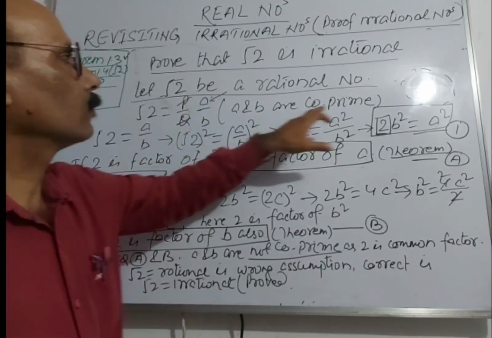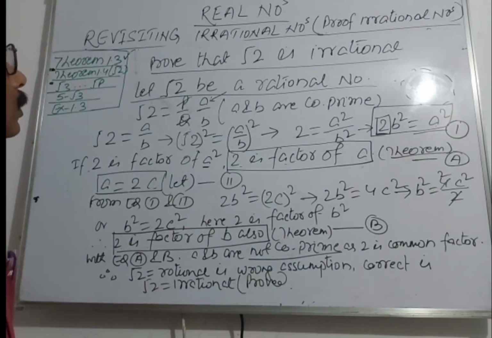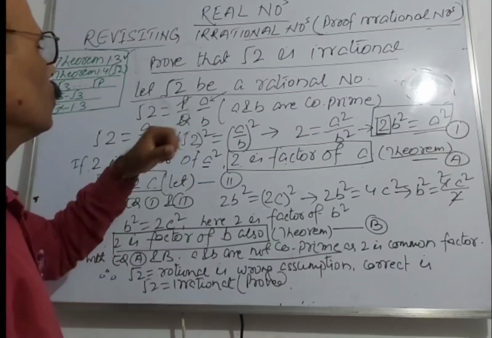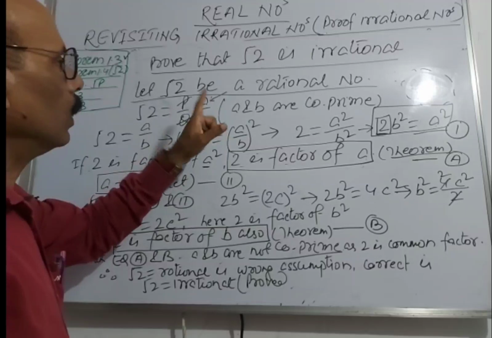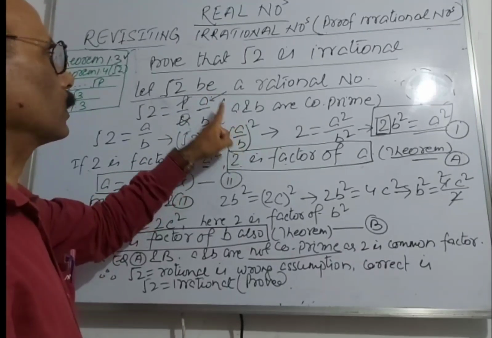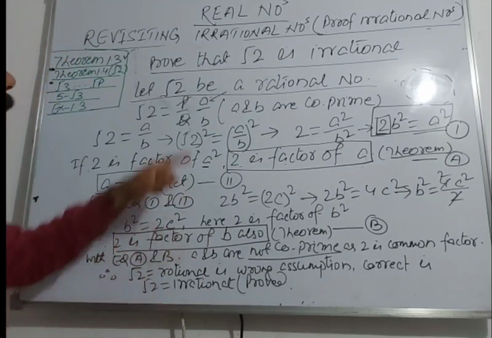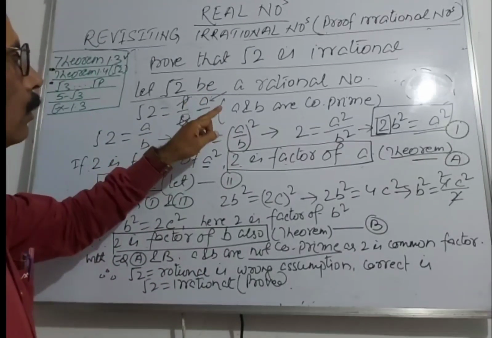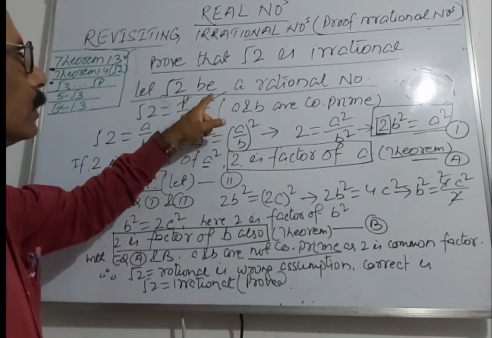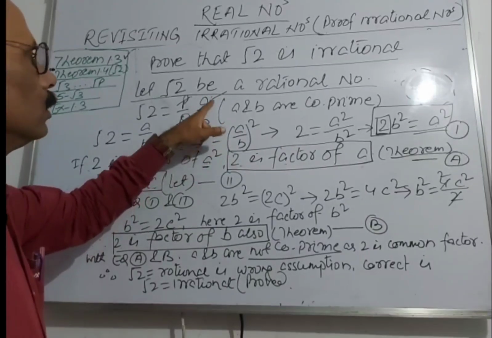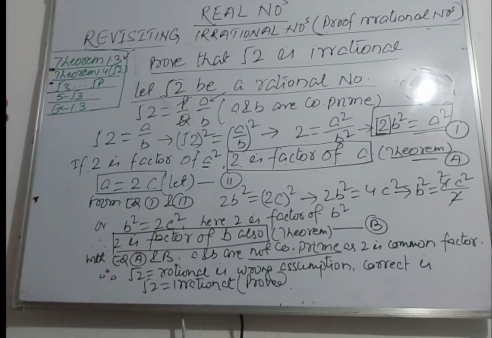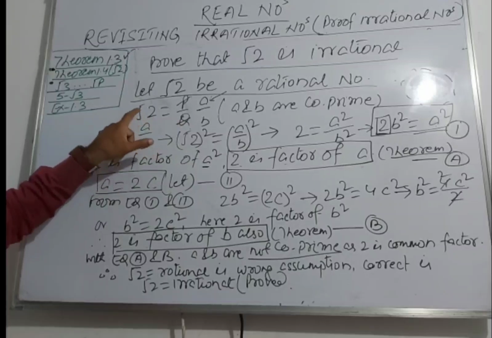So a by b are co-prime. Now we have to prove that 2 is a factor of both a and b. If any number is a factor of both, then they will not be co-prime.